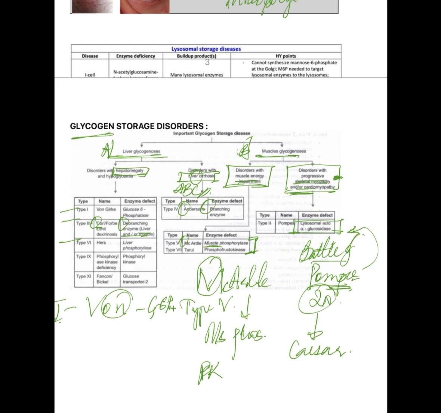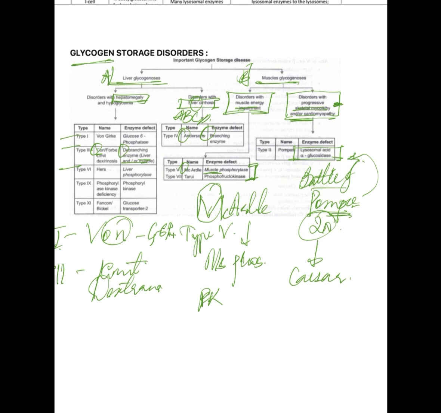So there is accumulation of limit dextrins in this particular glycogen storage disorder, and hence it is also known as limit dextrinosis or limit dextrinopathy.